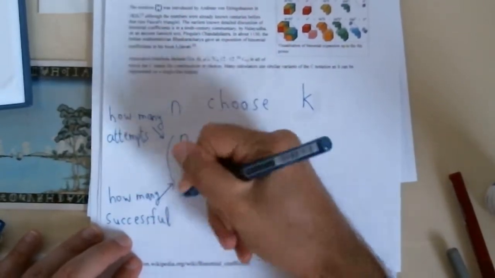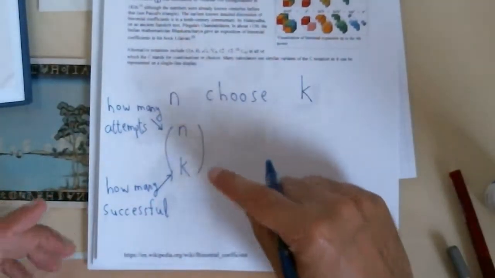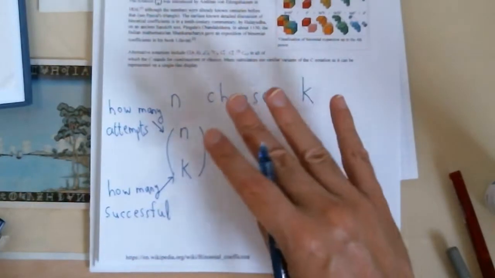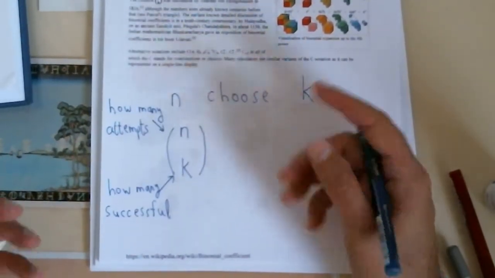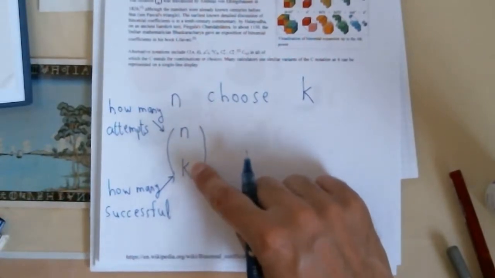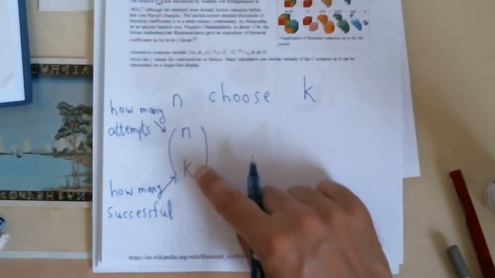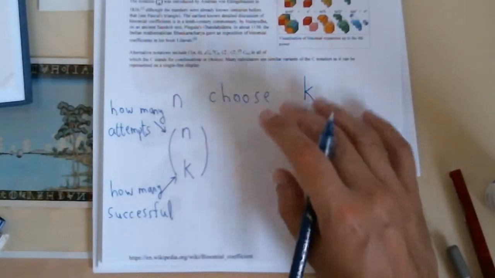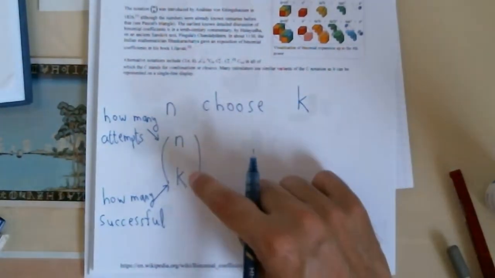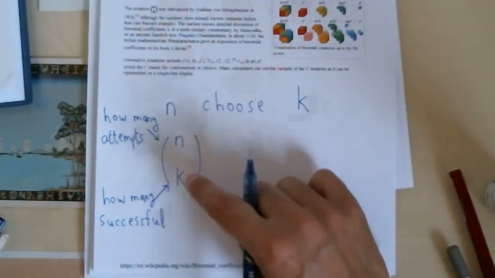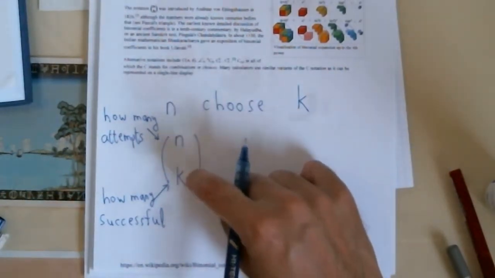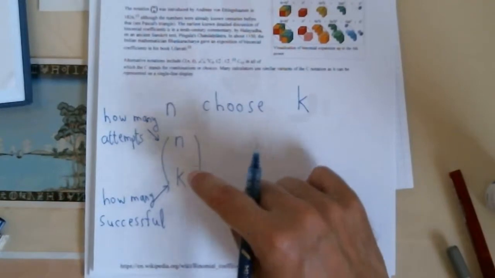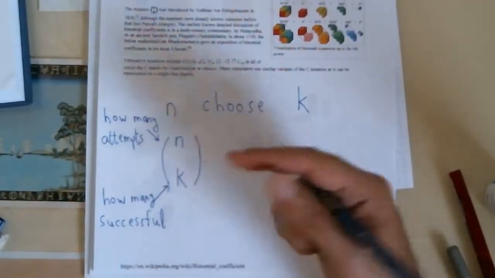For example, if we say that heads or tails, one of them is the successful one and the other one is a failure, so how many are heads or tails, whichever we decide. For example, how many heads we get, we get k heads when we throw n coins.